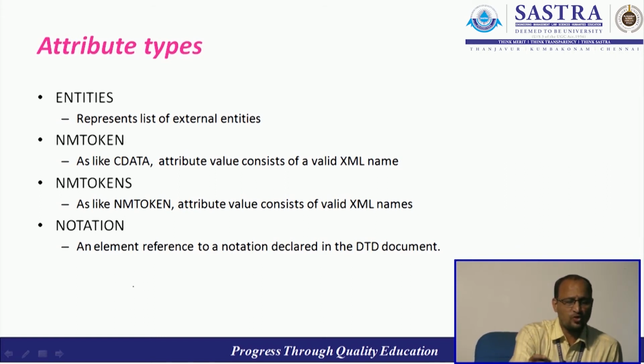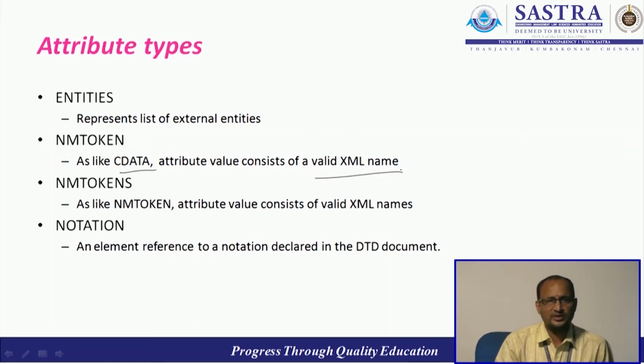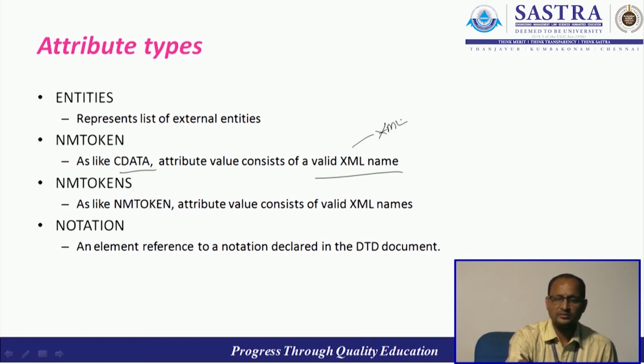Then NM token, instead of giving CDATA, we can give valid XML names. The valid XML name should not have any space, should not start with space, should not start with any keyword like XML, and should not start with the greater than symbol, less than symbol, ampersand, single quote, double quote.